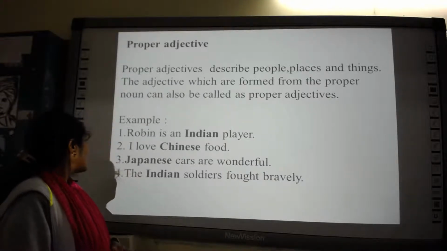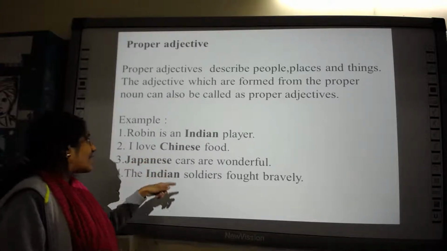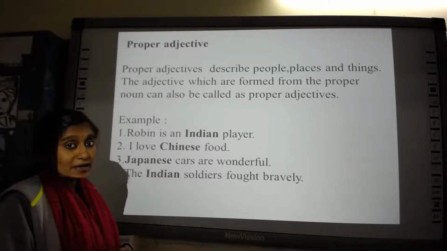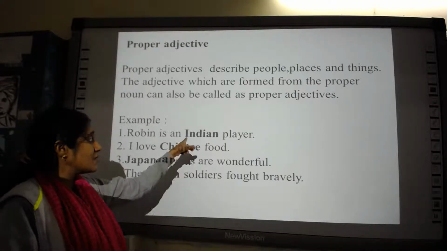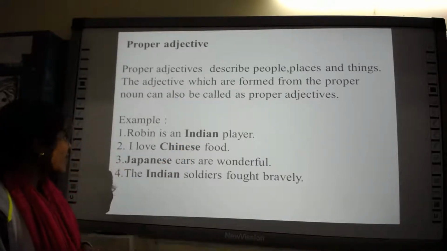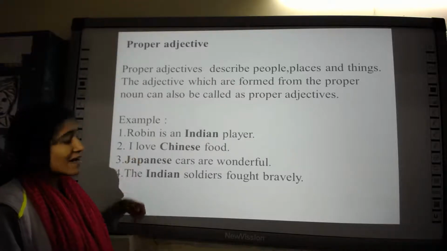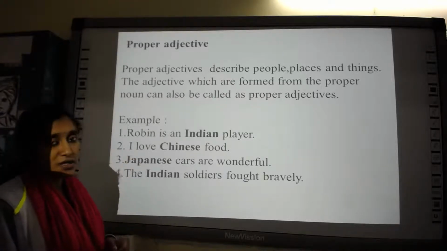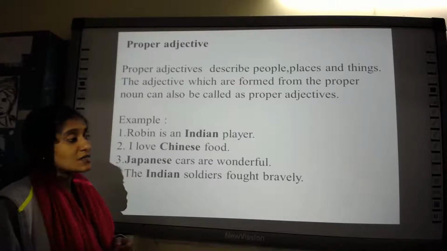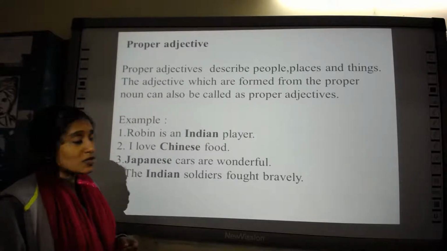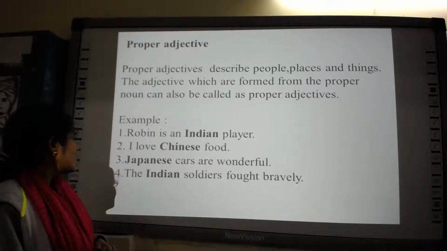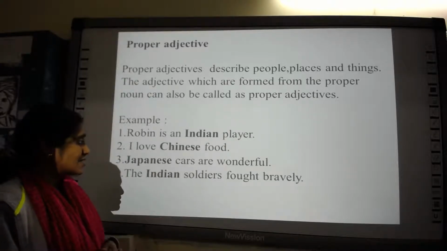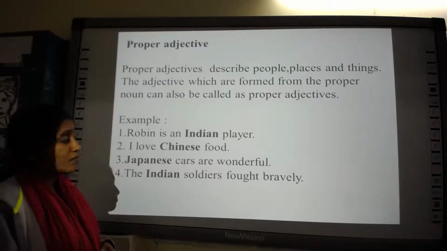For example, Robin is an Indian player. Indian here becomes the proper adjective. I love Chinese food. Here Chinese becomes the proper adjective. Japanese cars are wonderful.